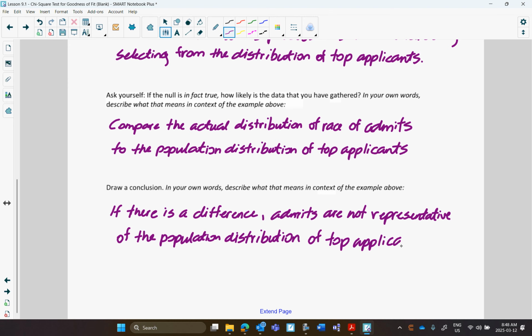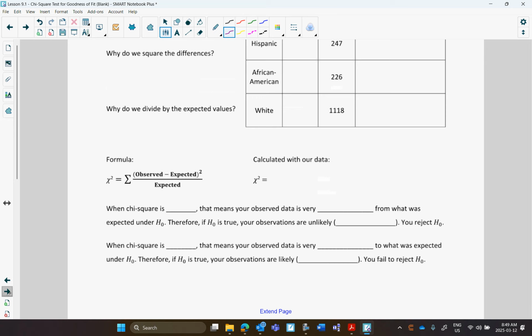So here's how you go about doing that. Once again, there is a longer way, and then there's a shorter way where your graphing calculator does the work for you. The longer way is to calculate what is called the chi-squared statistic.